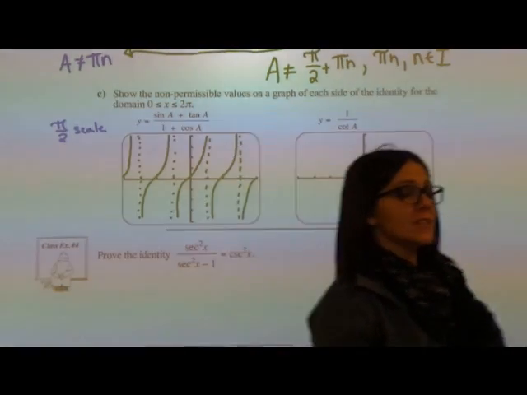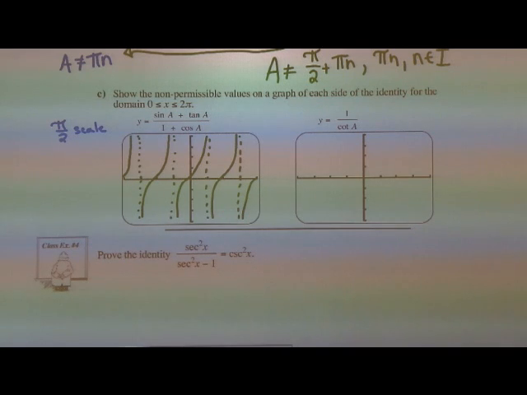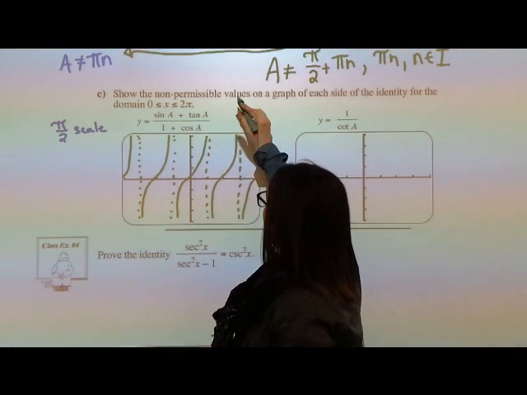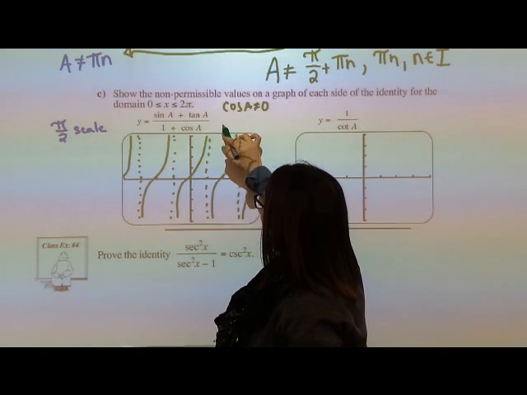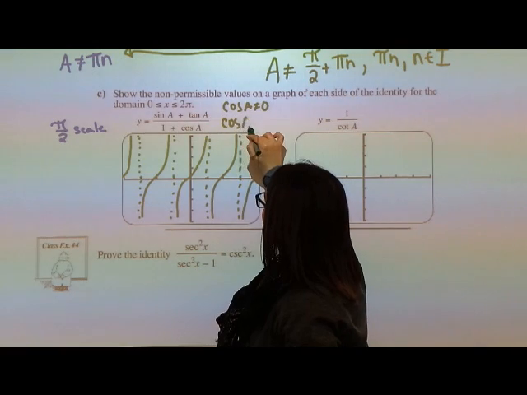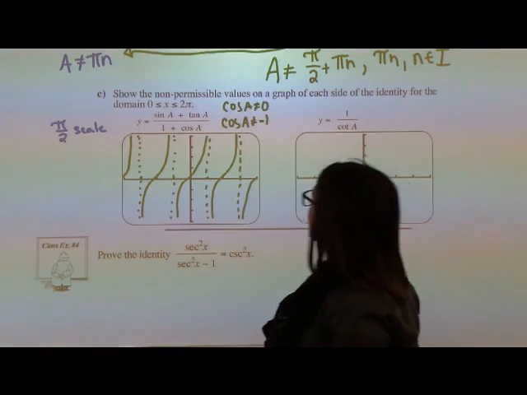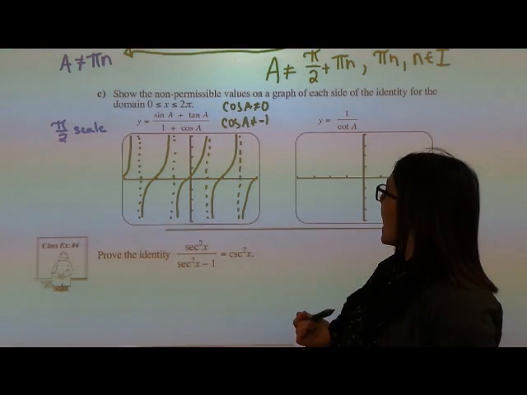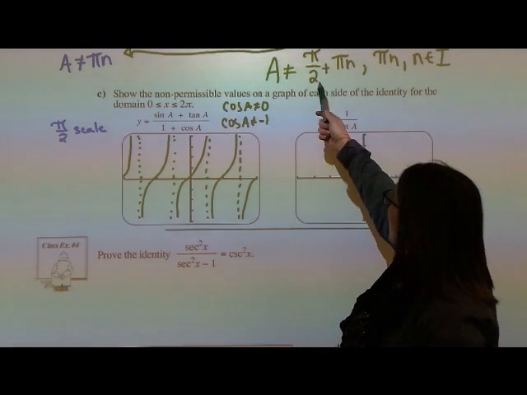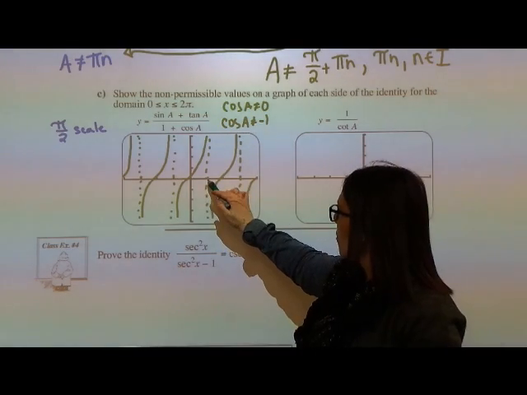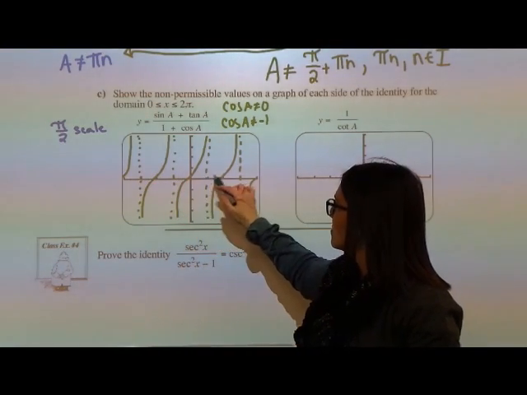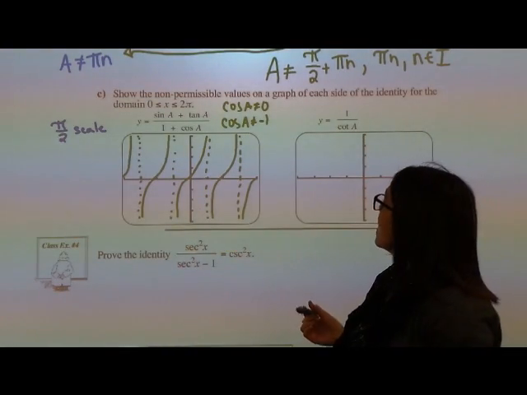So for the graph of (sin A + tan A)/(1 + cos A), my non-permissibles are that cos A can't equal 0, and that cos A can't equal -1. Well, cos A can't equal 0 at pi over 2 plus multiples of pi n, so that's included right here. Those are those asymptotes.